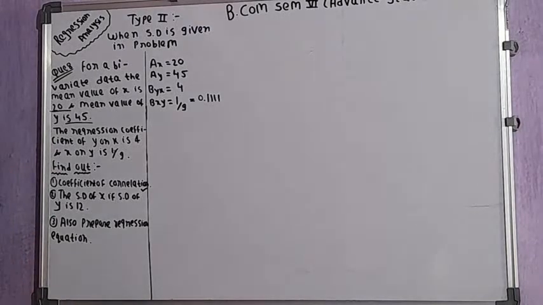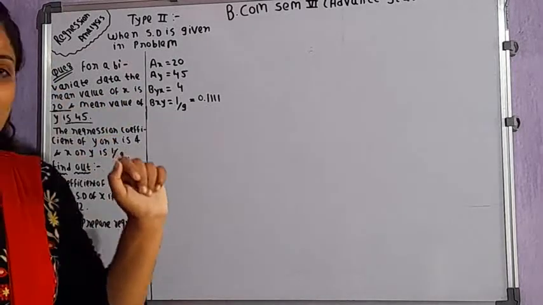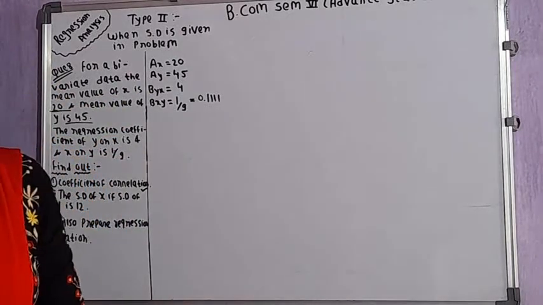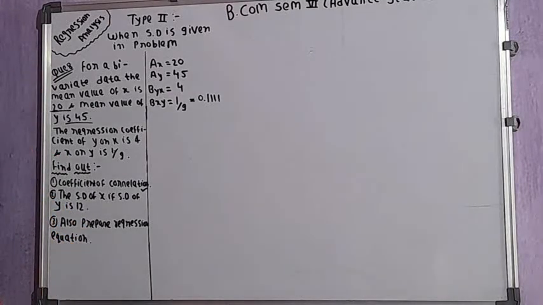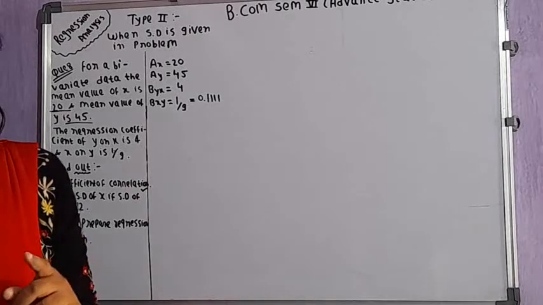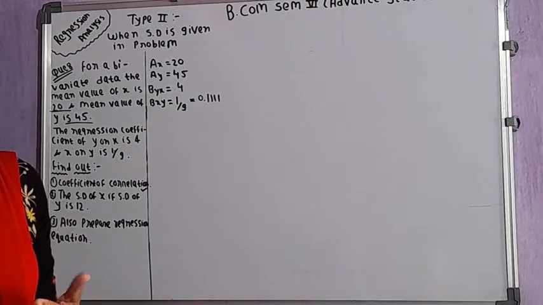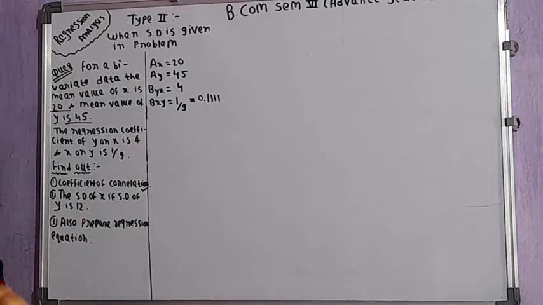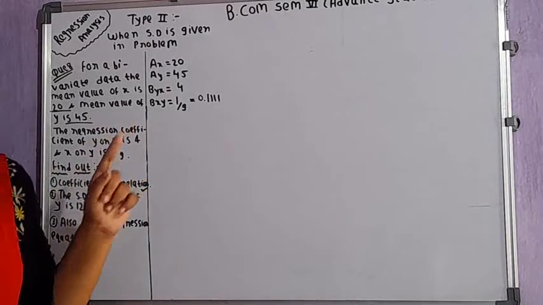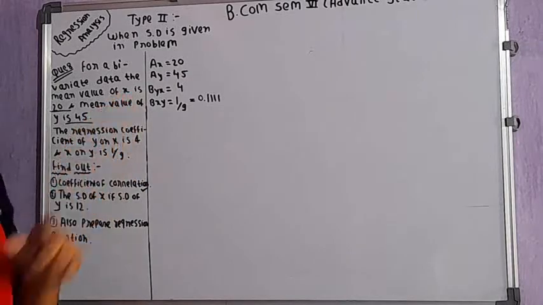So yes, there is one piece of information which can help us. What is that information? It is the regression coefficient of y on x and the regression coefficient of x on y. How? Because there is a property of regression: r, the coefficient of correlation, is equal to the geometric mean of the regression coefficients. So by using this property we can find the value of r.